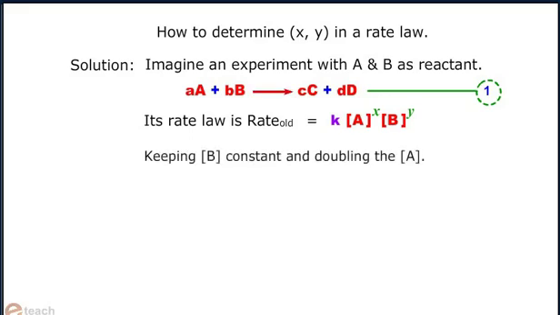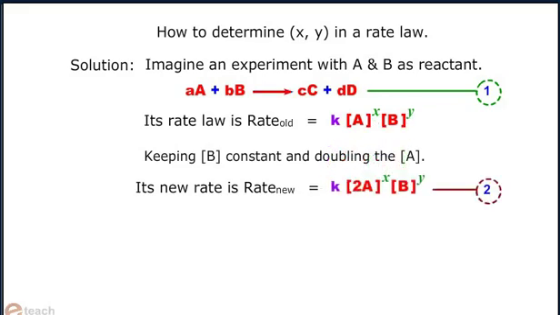Keeping concentration of B constant and doubling the concentration of A, the rate of the new equation is given by k times concentration of 2A to the power x multiplied by concentration of B to the power y, and let it be equation number 2.